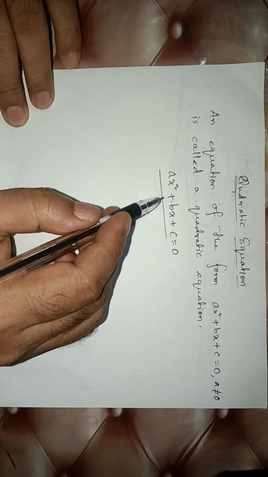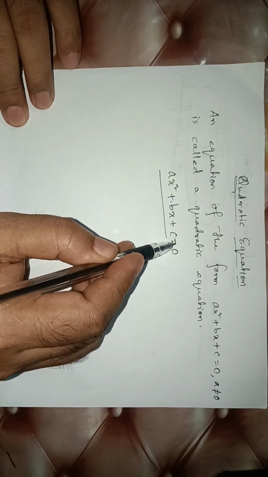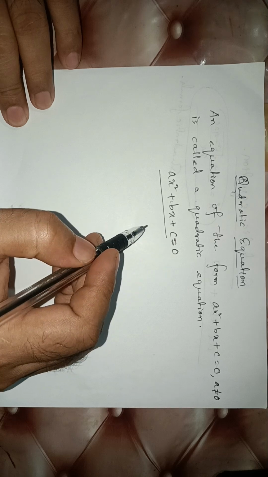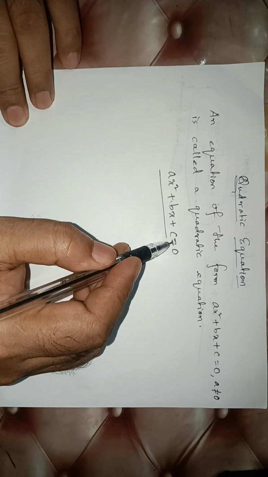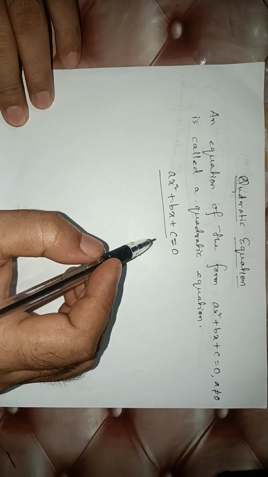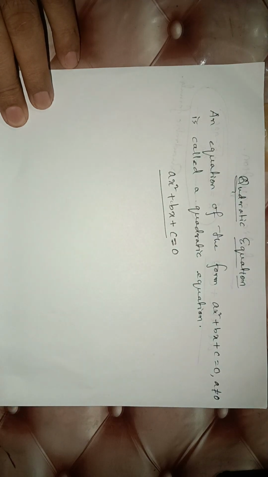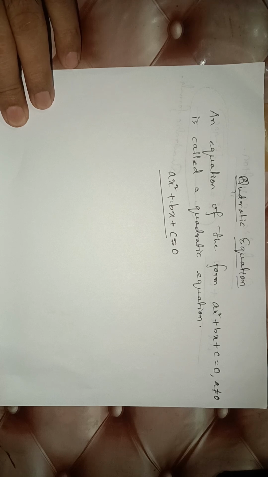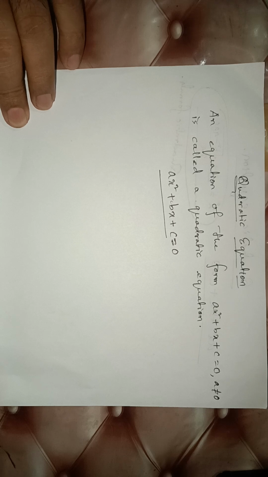When you need to get the zeros, you always put it equal to 0. So when you put equal to 0, this is another form of quadratic equation. Without quadratic equation, we cannot find any zeros. Now before starting this, what is the concept given in this chapter, especially related to quadratic equation?